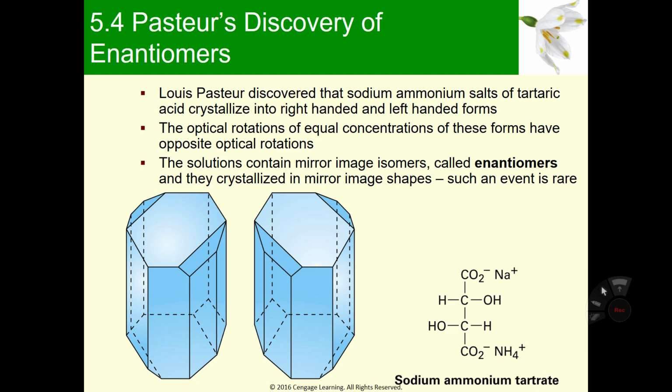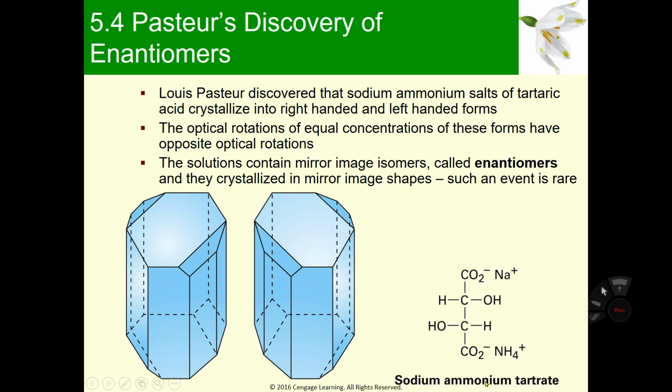Pasteur is the one who first found the enantiomer. He carried out an experiment with sodium ammonium tartrate, which has a structure like this. You have two cations, all right? This carboxylate, but you have a sodium here and you have ammonium here. So he has a sodium ammonium tartrate salt.